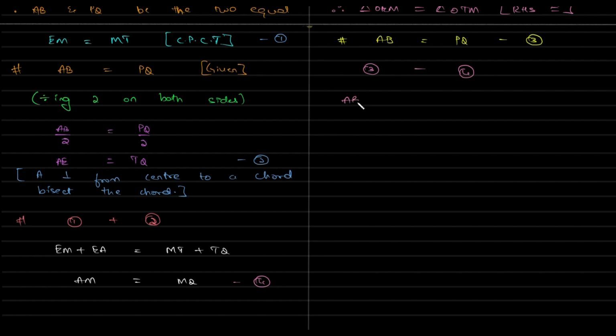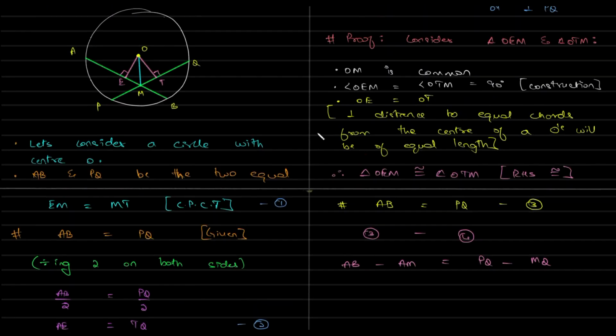So if I subtract AM from AB and if I subtract MQ from PQ, what will we get? Have a look. If I subtract AM from AB, I'll get MB. And if I subtract MQ from PQ, I'll get PM. And we have proved the required.